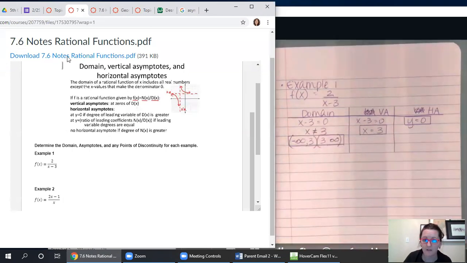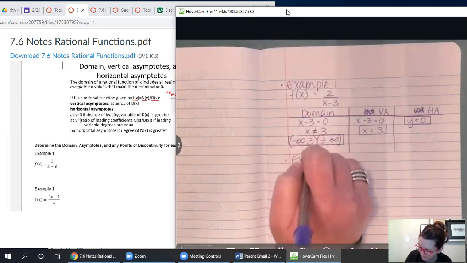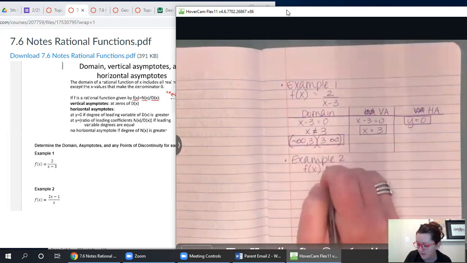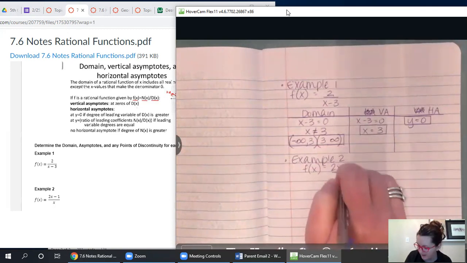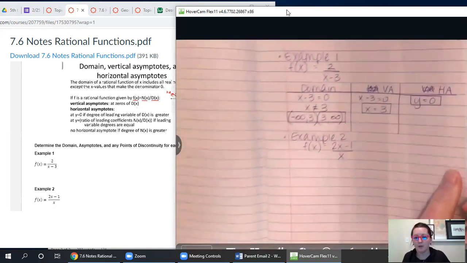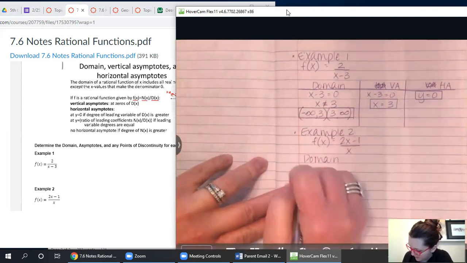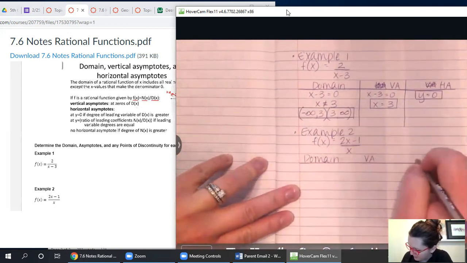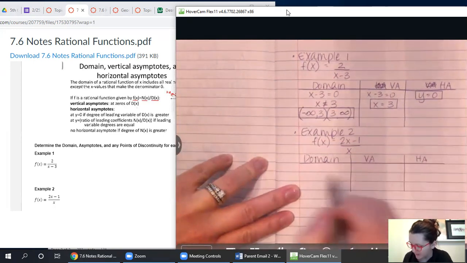Example number 2 says f of x equals 2x minus 1 divided by x. All right, so we want to find domain, and we want to find our vertical asymptote and our horizontal asymptote. So domain, I'm going to set my denominator equal to 0.